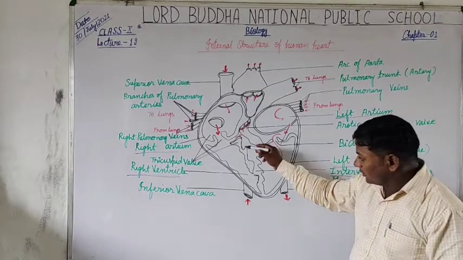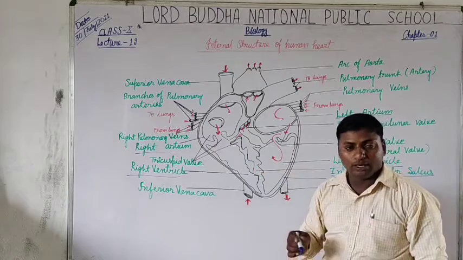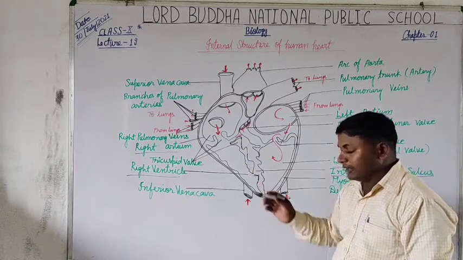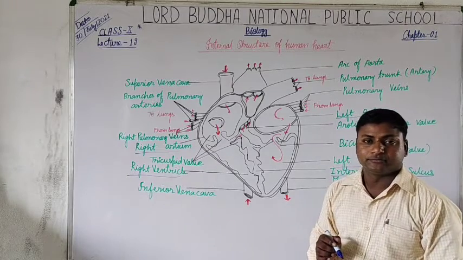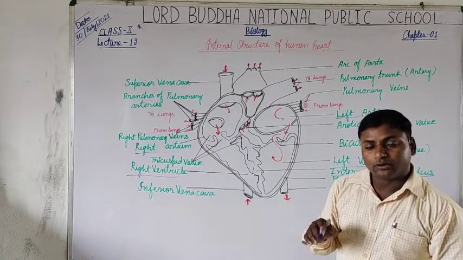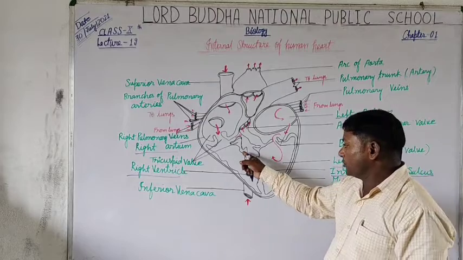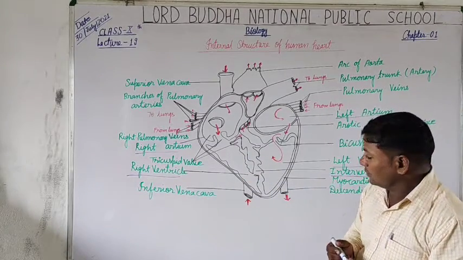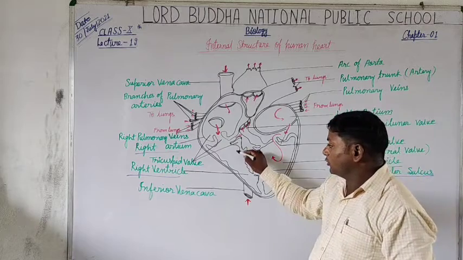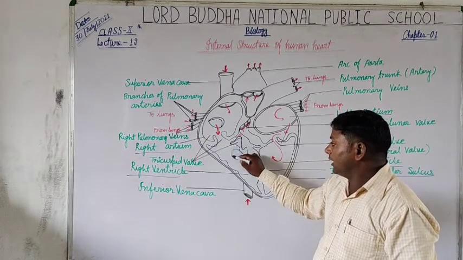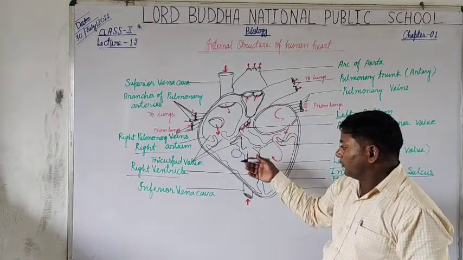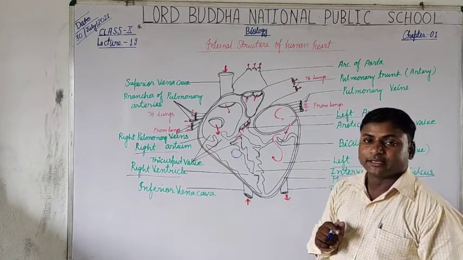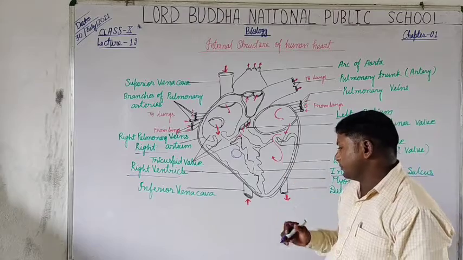And here there are lots of structures you can see. These are the chordae tendineae. These are muscular folded structures found in the human heart at various places inside the cavity or inside these chambers.